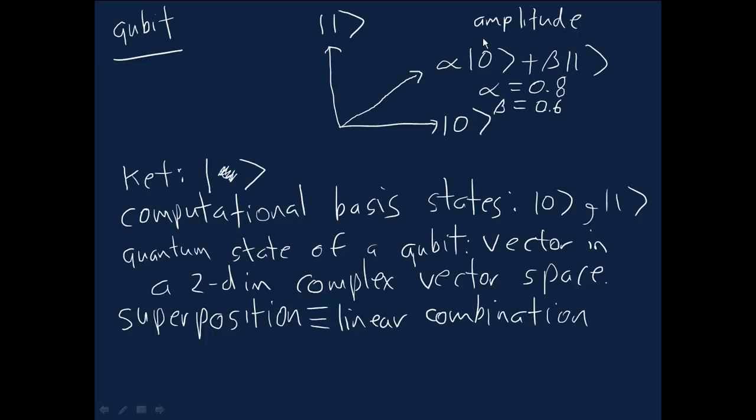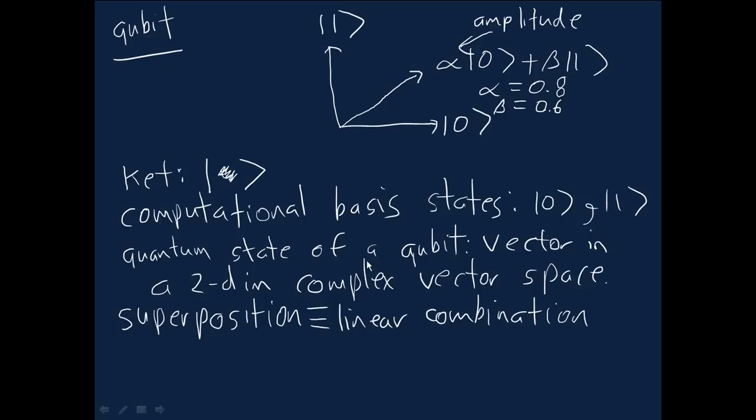Alpha is an amplitude here, it just means the coefficient. So the coefficient, the amplitude, for 0 in this state is alpha, and the amplitude for the 1 state is beta. Very simple, and a useful term.